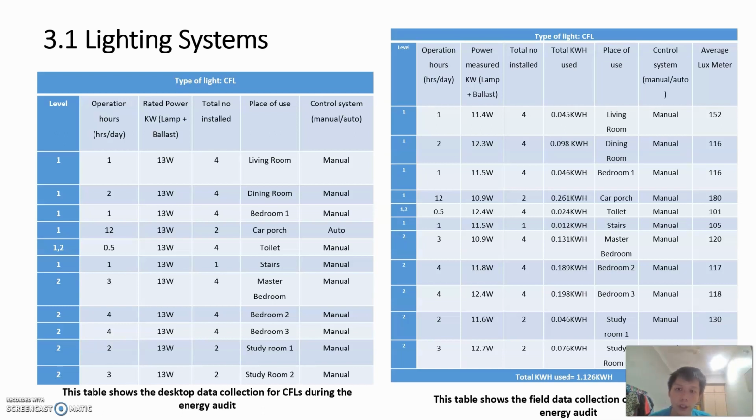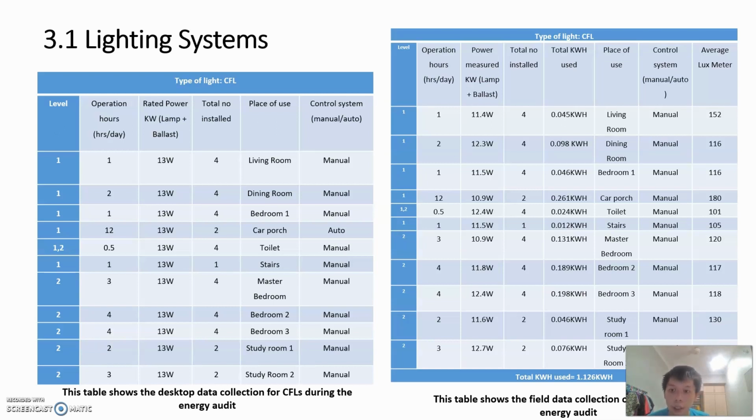First of all, the type of light. The first table is the type of light which we use, CFL. In this table, we measure the operation hours, rated power in kilowatt, total number installed, place of use, and control system.